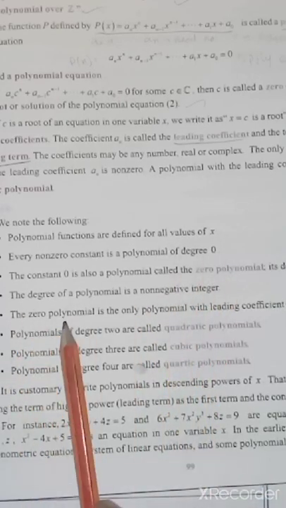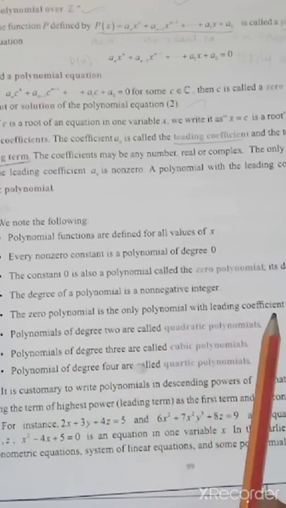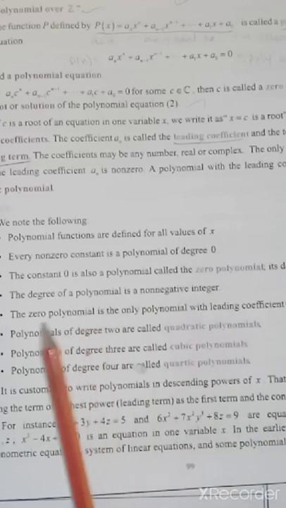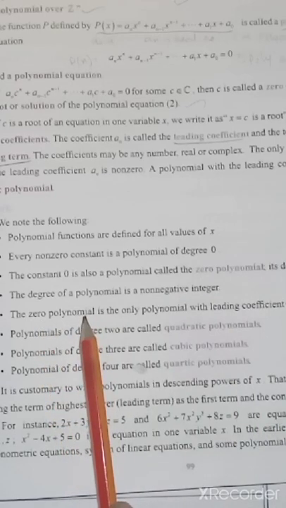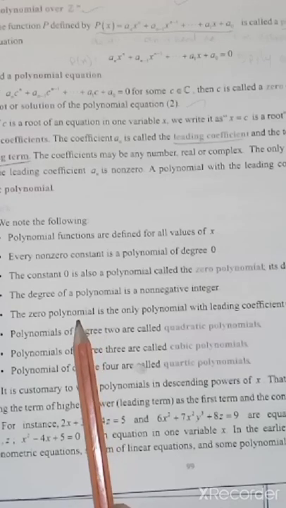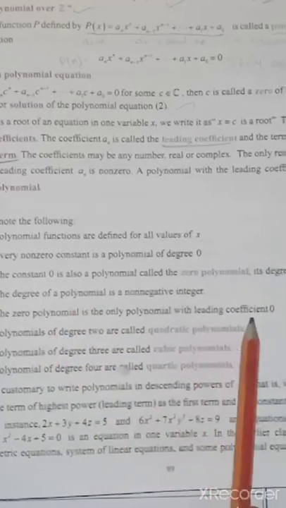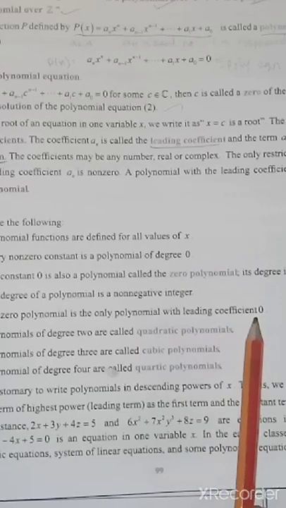Next, the zero polynomial is the only polynomial with leading coefficient 0. So what is meant by zero polynomial? If the constant is 0, it is the zero polynomial. So the zero polynomial is the only polynomial with leading coefficient 0.